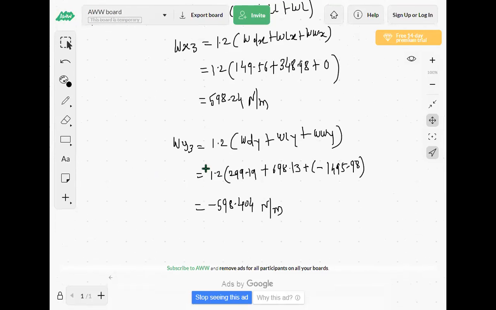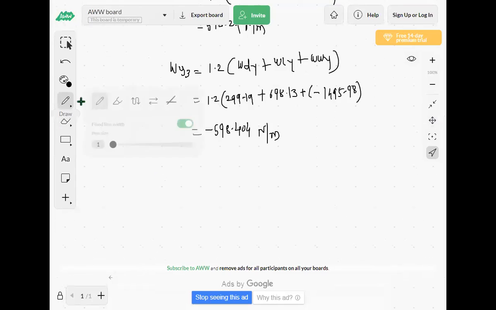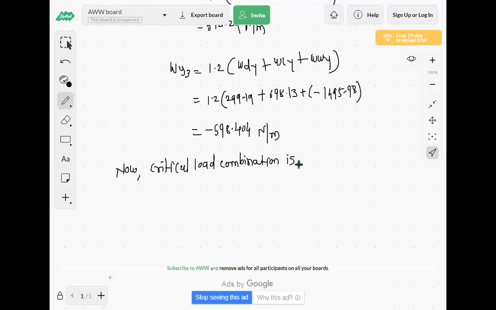So now by using these 6 components, we have to find the critical load combination in X direction and in Y direction.